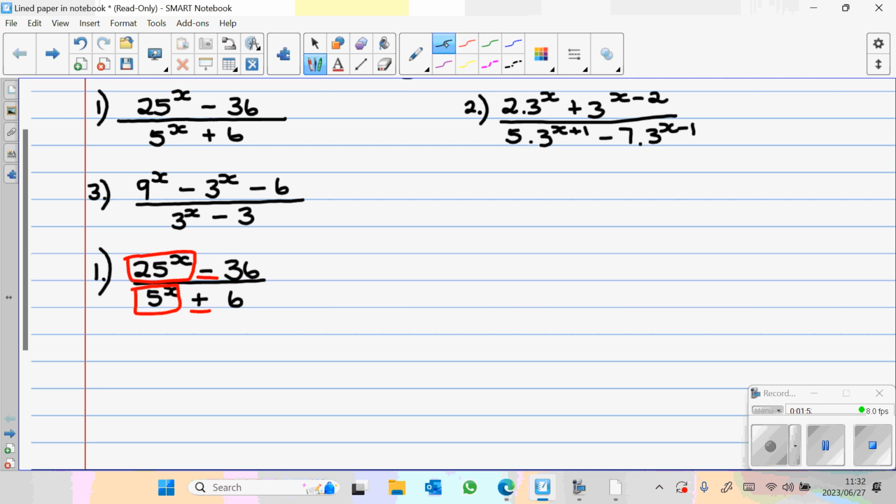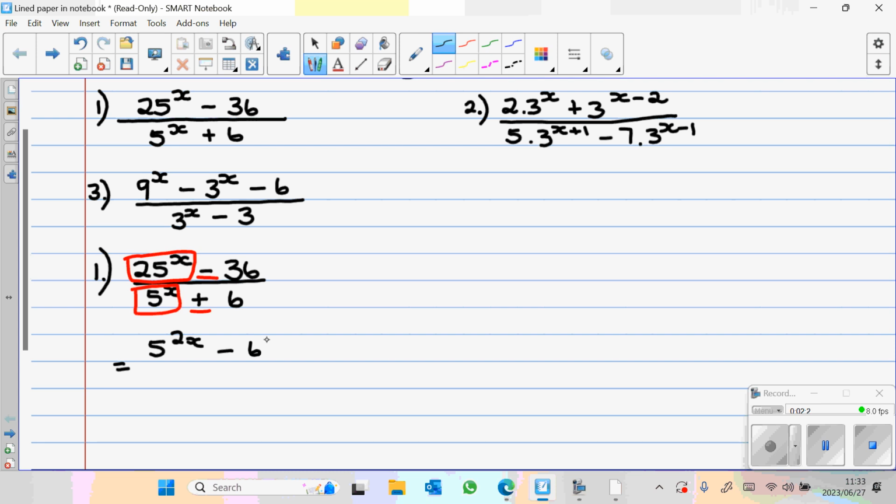So we start off by taking that 25 and writing it as 5 to the power of 2x. Now, if you want to do it with the 36, you are welcome. You would see 36 is 6 squared, or actually you're going to have 2 times 3, 2 squared times 3 squared.